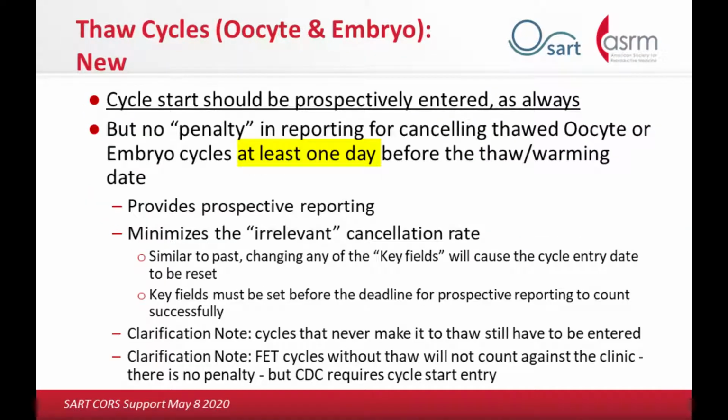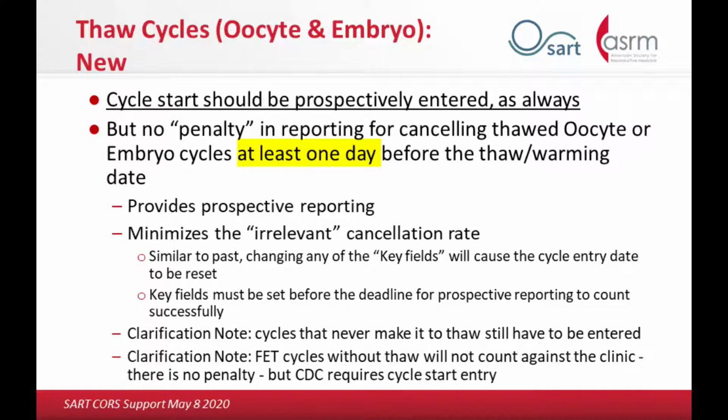So really the good news and the bottom line for the first part, thaw cycles, is that the reporting requirements have changed, and now the requirement is to enter thawed oocyte or embryo frozen transfer cycles at least 1 day before the thaw and warming date. This still provides prospective reporting, but it really minimizes the irrelevant cancellation rate for things like poor endometrial development or patients who change their mind or have spotting.